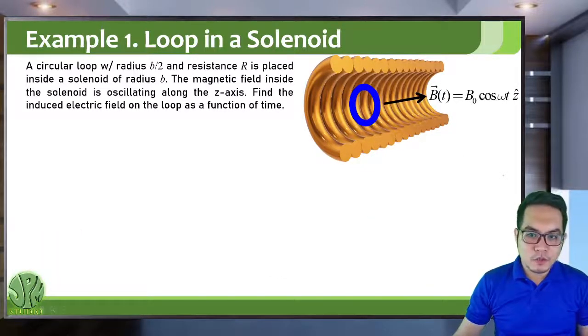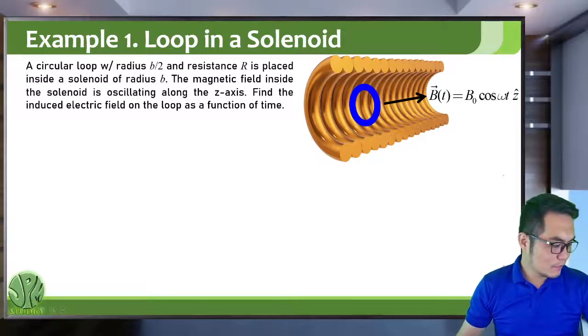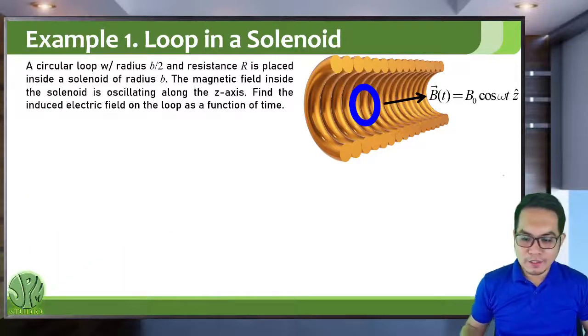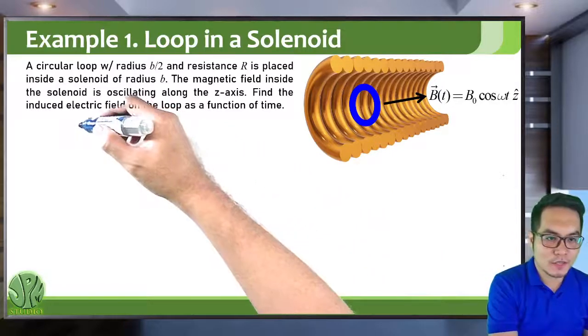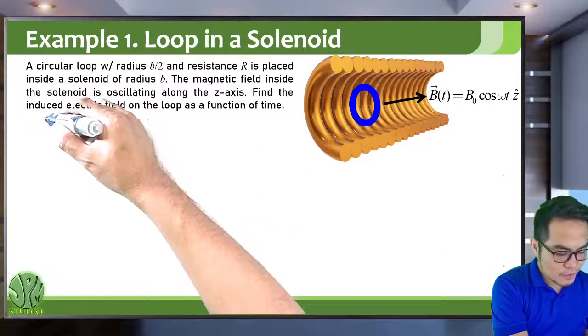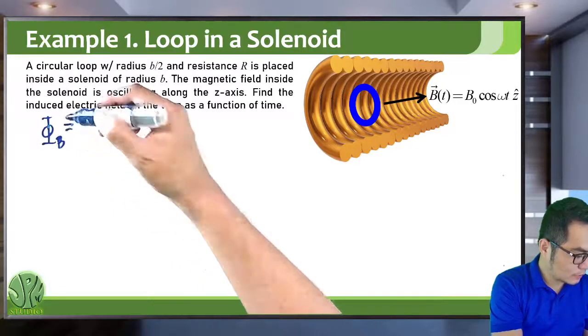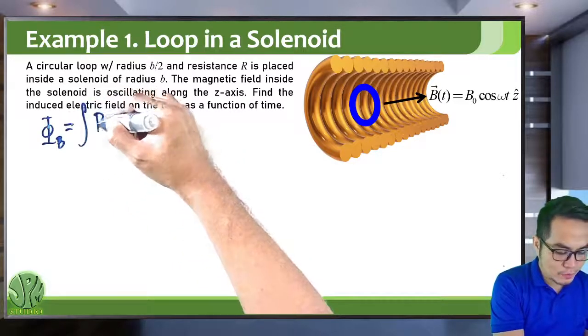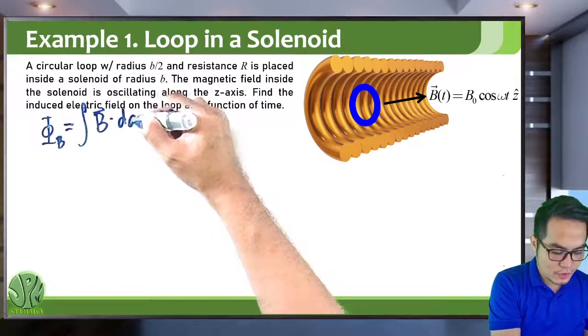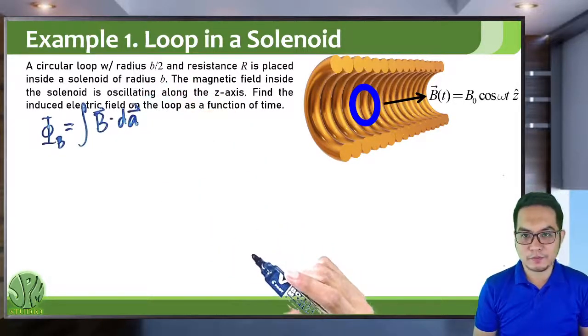Okay, so in order to solve this, we must first find the magnetic flux on the loop. The magnetic flux is the integral of B dot dA.